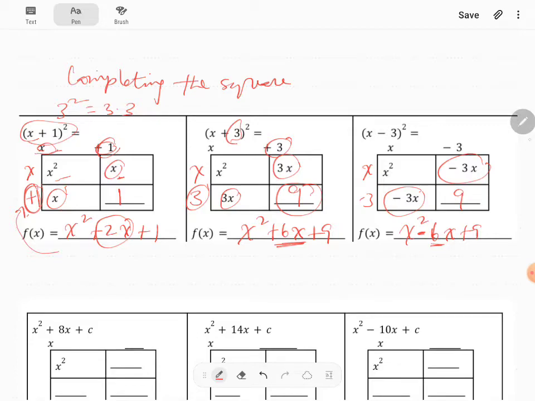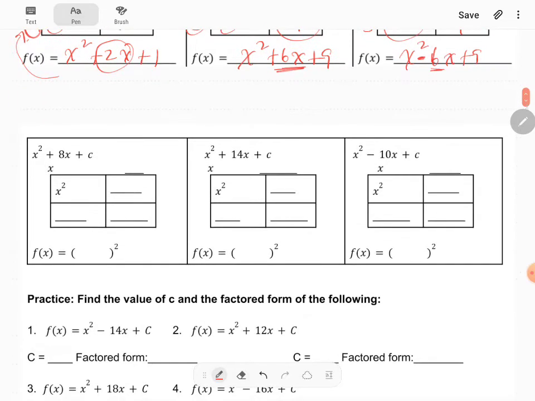So we'll move on. We'll now actually do the opposite. So we'll try to figure out what is the value in that box, right? So this time, you are looking at the middle term, 8x. So you're splitting the 8x into 4x and 4x, two halves. And you're trying to guess what is in these.